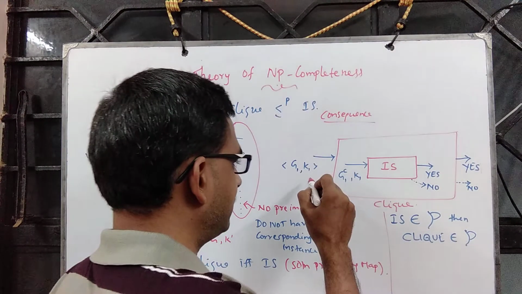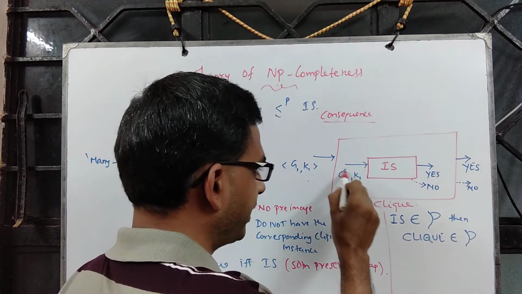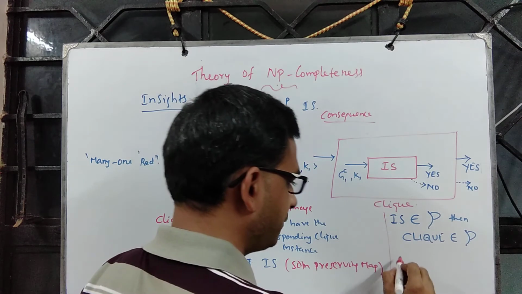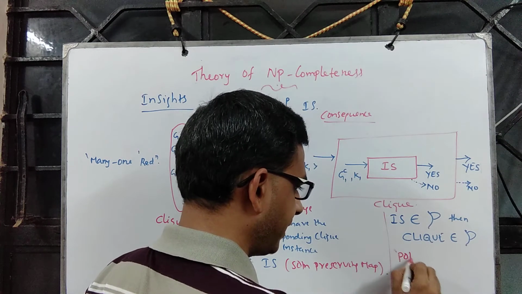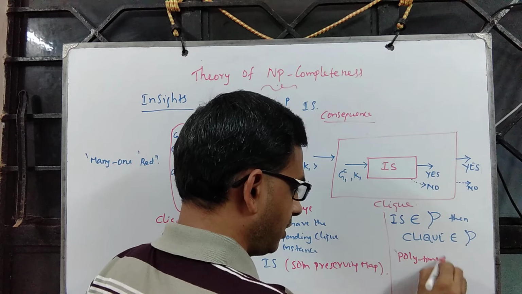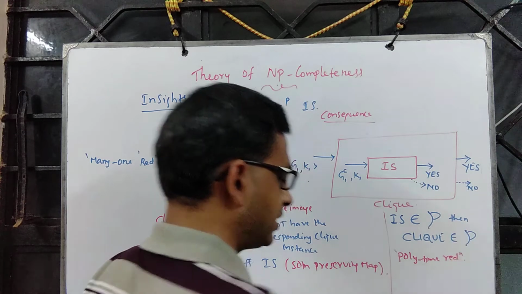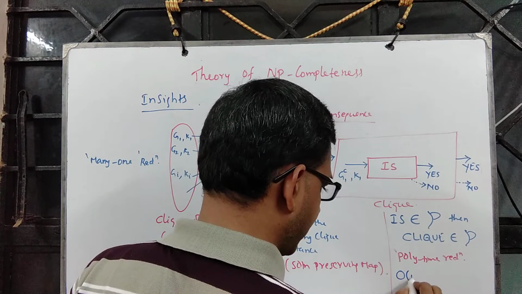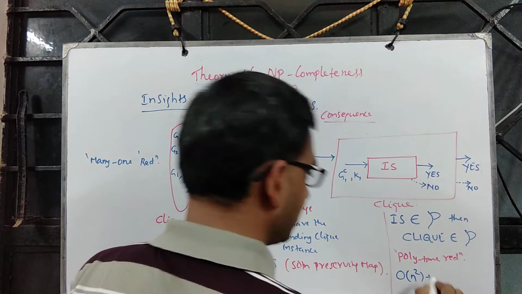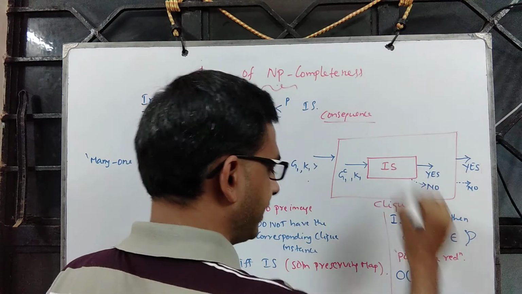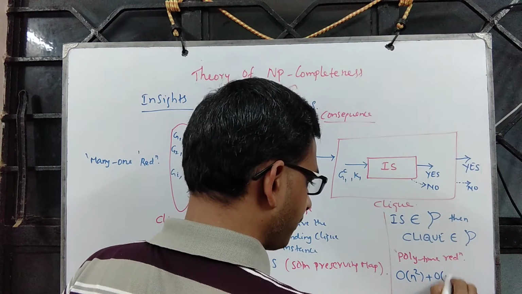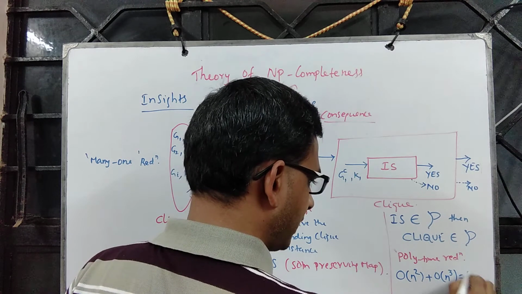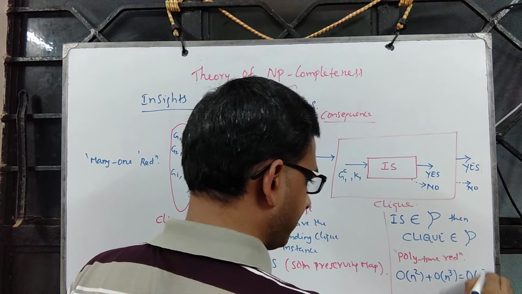So take an instance of clique and use this polytime reduction, which is why we demand polytime reduction. Say, for example, the reduction takes order n square, plus independent set takes order n cube, then you can solve clique in order n cube time.